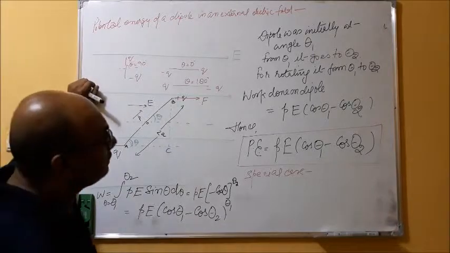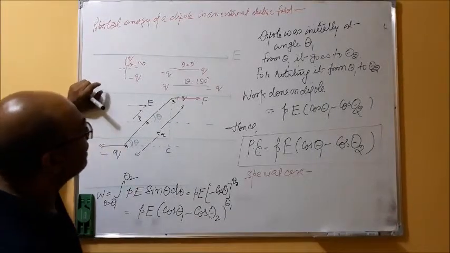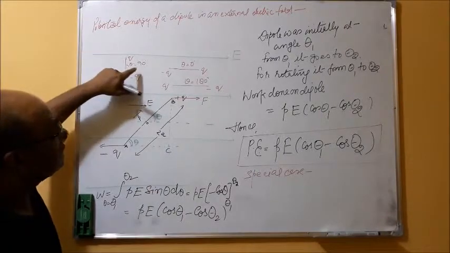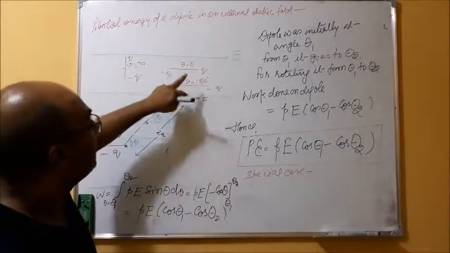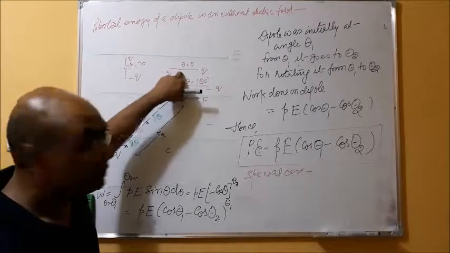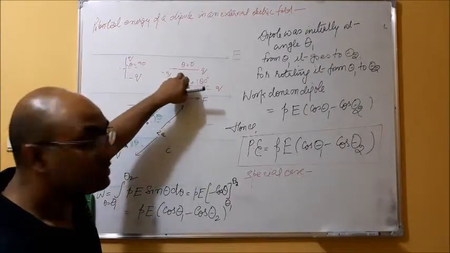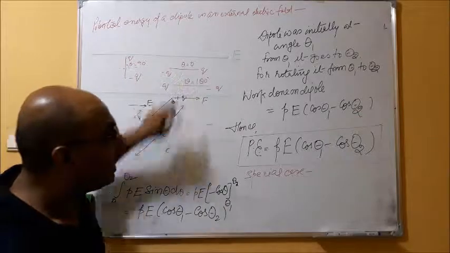So if initially the dipole was in this position, theta 1 is 90, and finally the dipole is in this position, theta is 0 degrees.